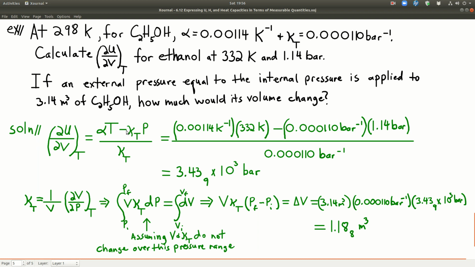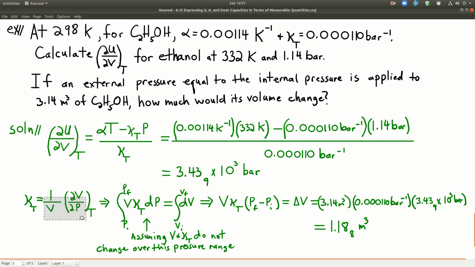And now to do the second part, to see how much the volume changes, we can use the isothermal compressibility, kappa T, because that's defined as the change in volume with respect to pressure at constant temperature, divided by the volume. So what we do is we just basically multiply by the volume and dP.